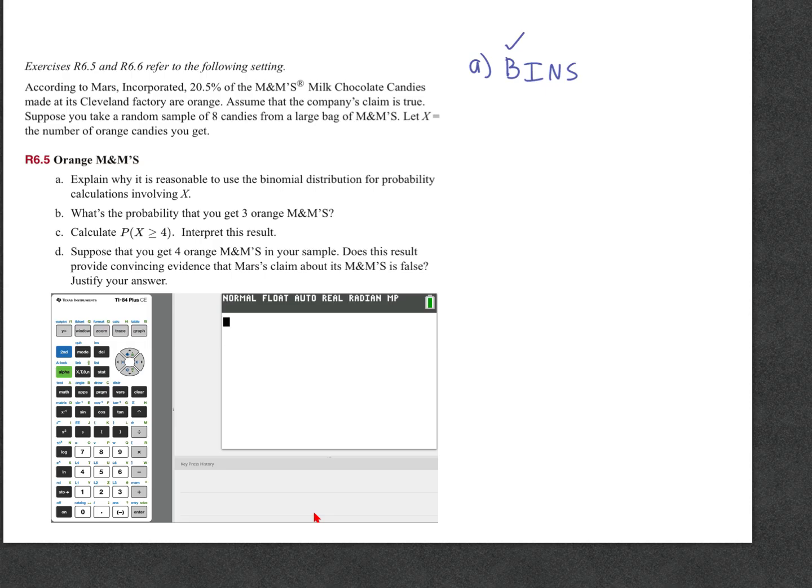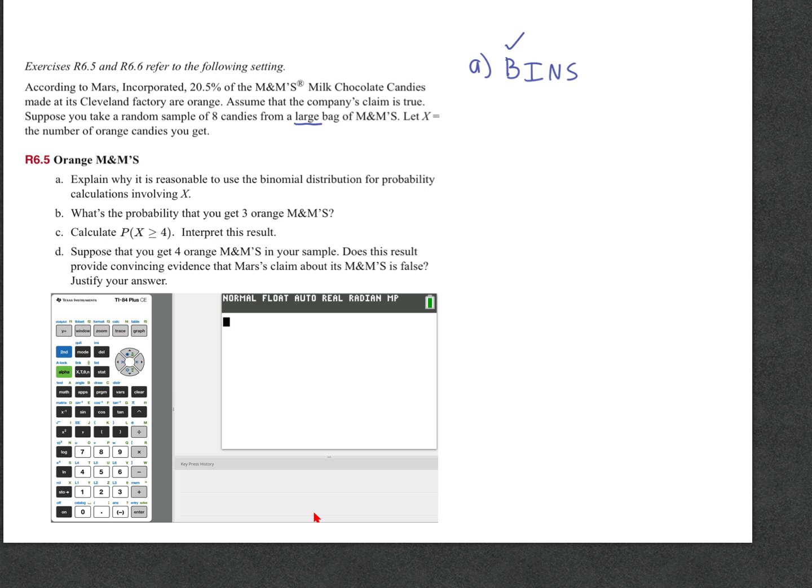Now, they say you take a random sample of eight candies from a large bag, and this idea of them talking about a large bag is significant. Technically it's not independent, because you're choosing eight candies. Let's say you choose the first one.